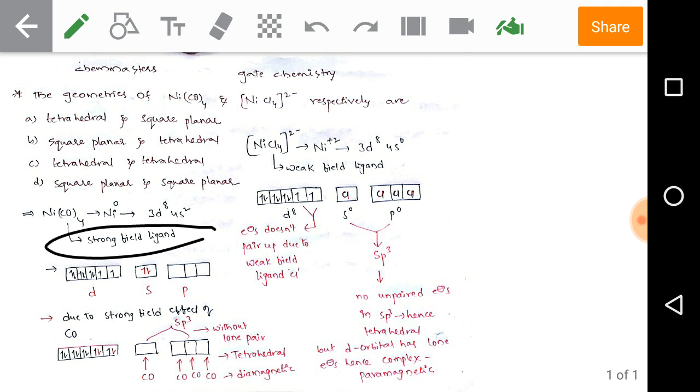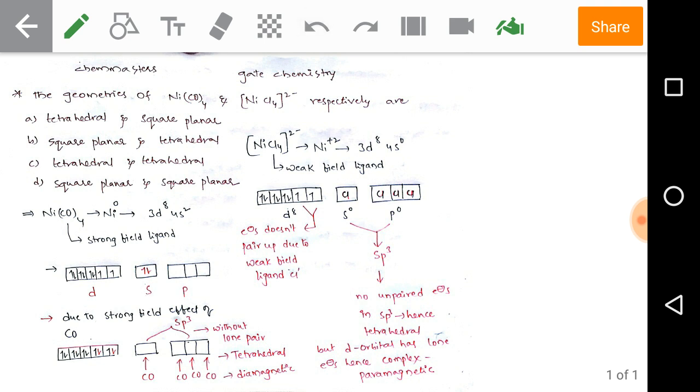Due to the strong field ligand carbonyl, the electrons in the s orbital can enter into the d orbital, because d contains two lone electrons. To make it completely paired, the two electrons from the s orbital enter into d. That is due to the strong field effect of carbonyl.